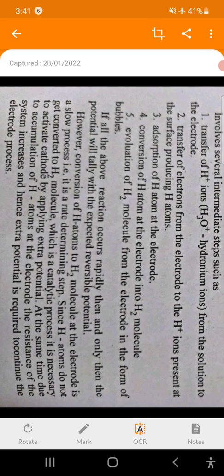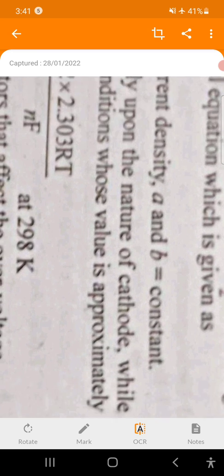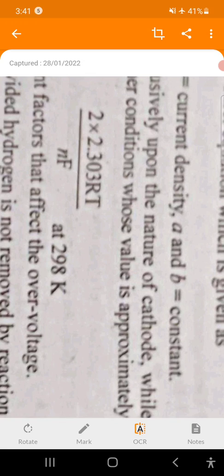That general equation is eta is equal to A plus B into log of I, where eta is the magnitude of overvoltage, I is current density, and A and B are constants.